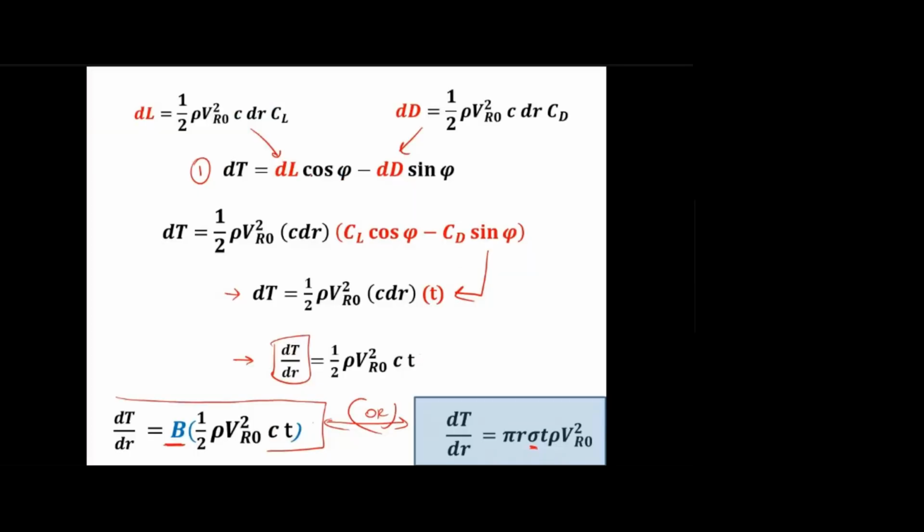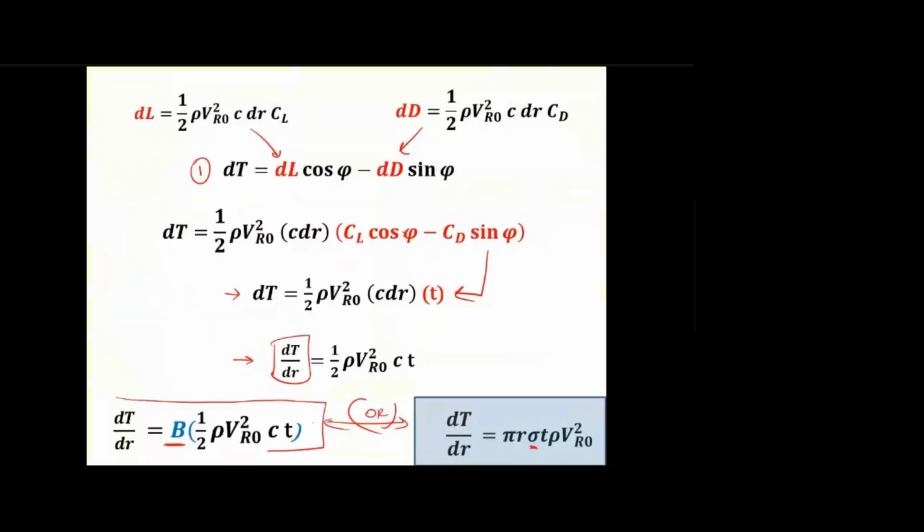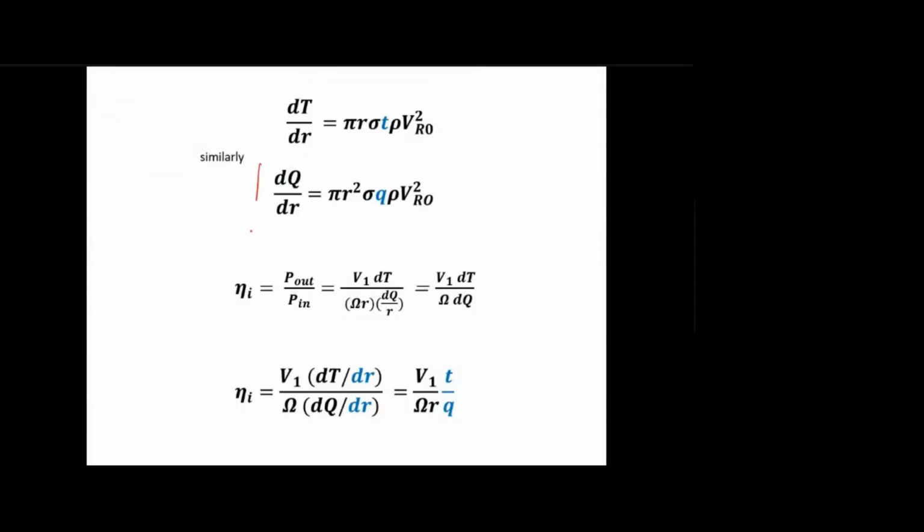Okay. So the same procedure you can apply for the torque force also. So in this equation, substitute DL and DD, again simplify in the same fashion. You will get this equation, dq by dr is equal to, in terms of sigma and q.